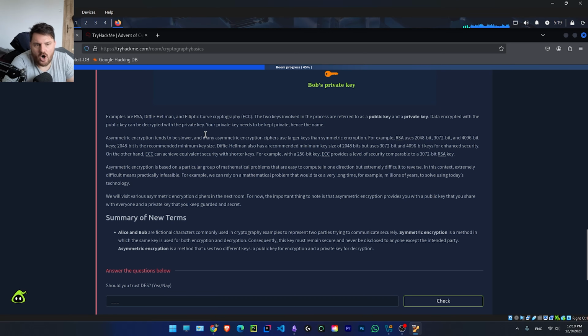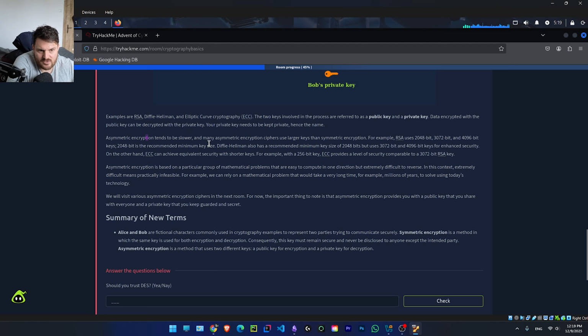Examples are RSA, Diffie-Hellman, and elliptic curve cryptography, ECC. The two keys involved in this process are referred to as a public key and a private key. Data encrypted with the public key can be decrypted with the private key. Your private key needs to be kept private, hence the name.